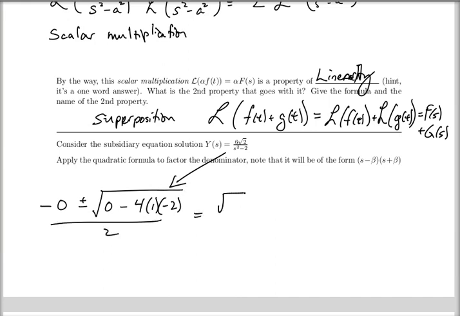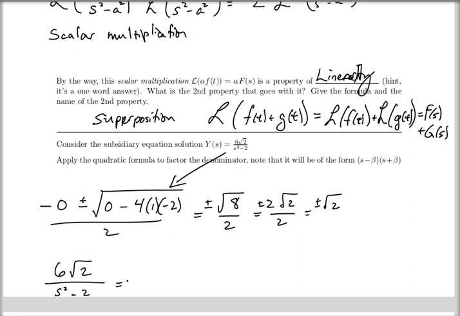So we've got square root of 8 over 2, which is equal to 2 square root of 2 over 2, which is equal to square root of 2, plus or minus.